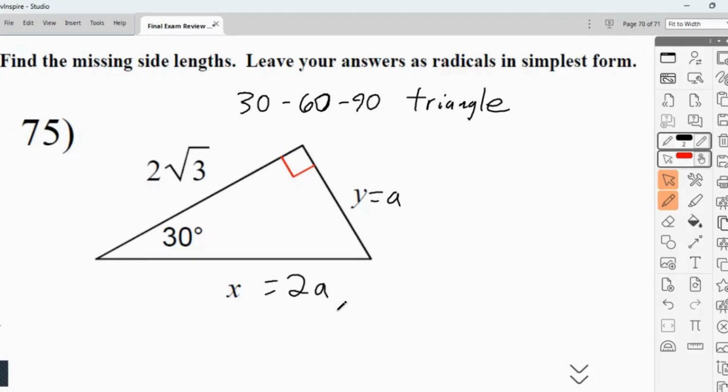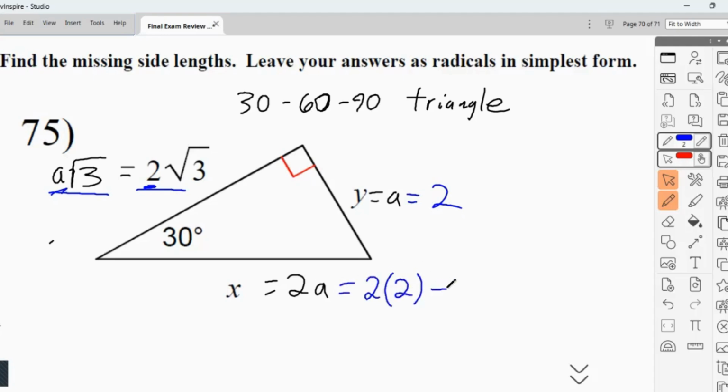And this is going to be A square root of 3. Okay, so let's go ahead and see what we're up to here. You can kind of look at this and tell. You notice we have this and this, right? So automatically I can tell that A is equal to 2. And in this case, 2A is going to be 2 times 2. That's going to be equal to 4. So that's where we're going with number 75.